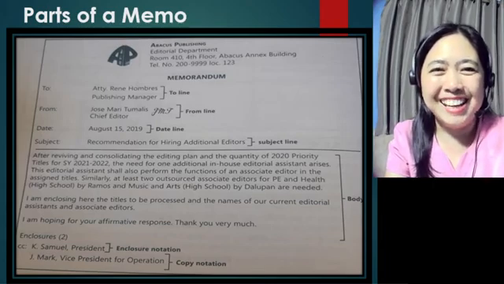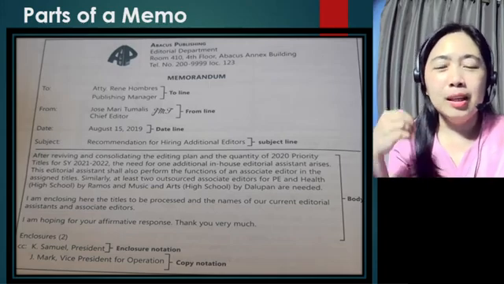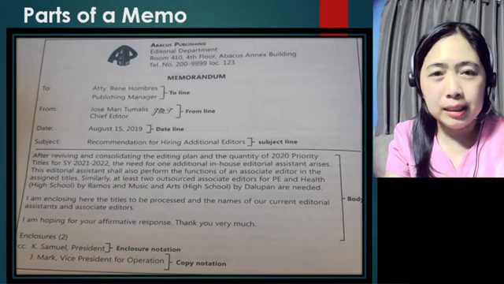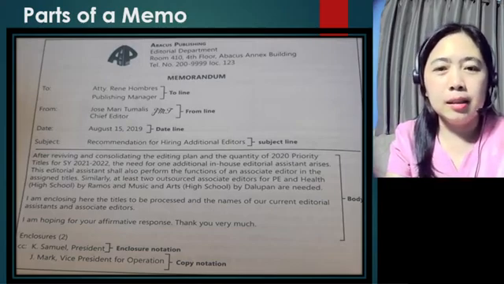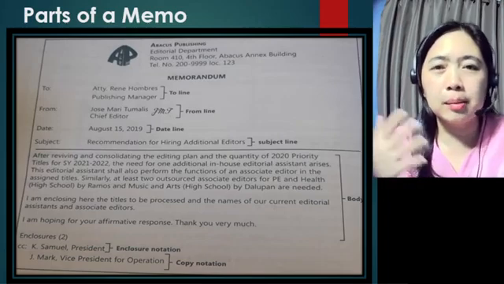Tumales, sorry. So the initials here are needed or necessary if it wasn't the chief editor or the sender who actually wrote the memorandum.